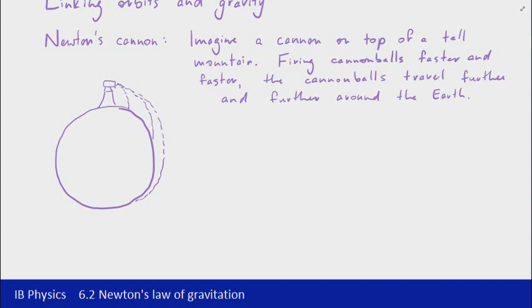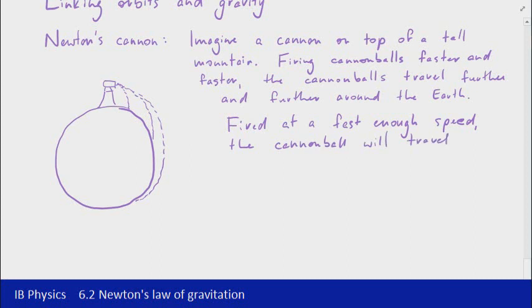But if they're fired at a fast enough speed, what we will see is that the cannonball will be able to travel all the way around the Earth. So the idea there is that as the cannonball's falling towards the Earth, the Earth itself is actually sort of falling away.